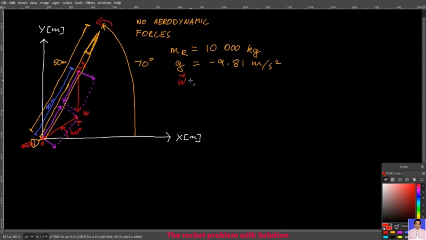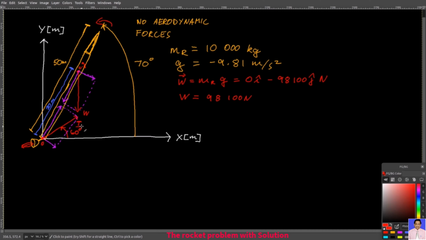And so the W vector equals the mass of the rocket times g. Well, it's essentially 0 i minus 98,100 j newtons. And the magnitude of it would be 98,100 newtons.